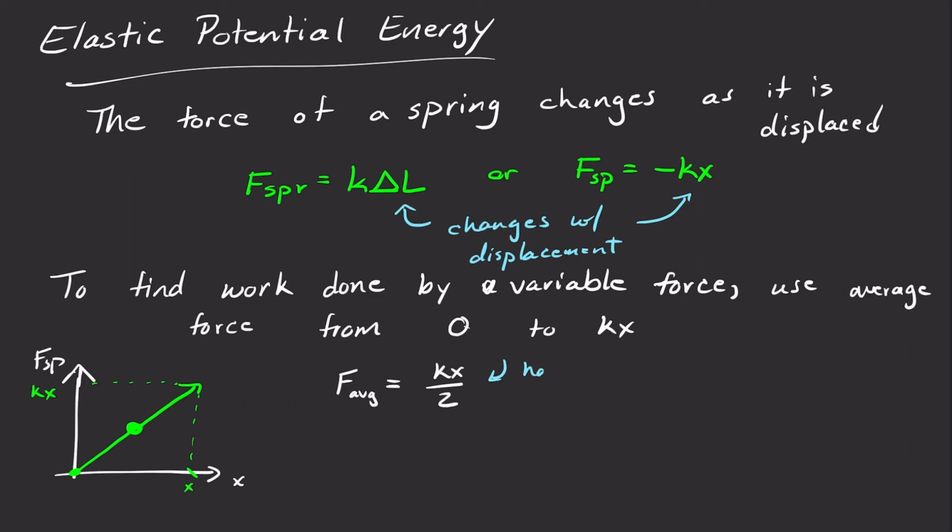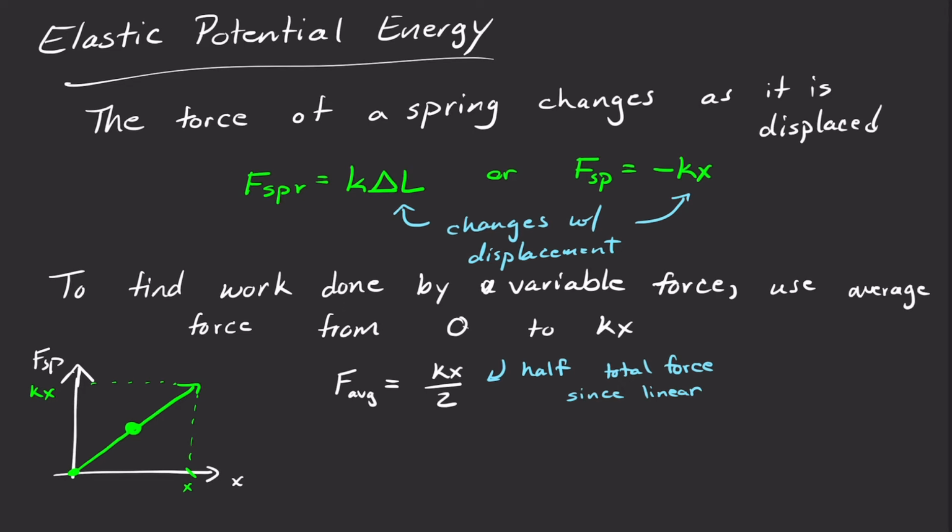So the average is just half the total force, kx, since it's linear. You take your average: you add your initial point 0 plus your final point kx and divide by 2. So that's just the definition of an average.